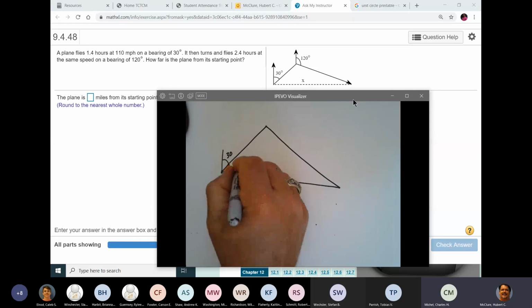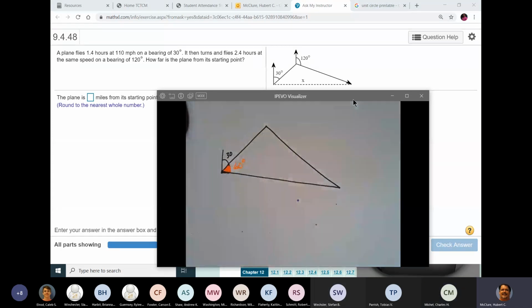So that orange angle right there is 60 degrees. And we know that the plane is 1.4 hours times 110. So what is 1.4 times 110?